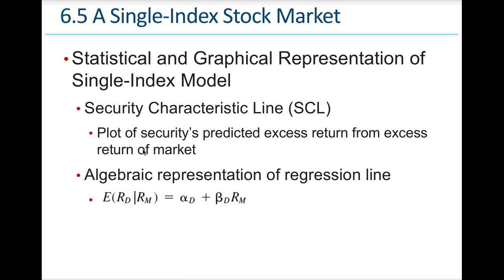these different characteristics. Okay, so what we call the security characteristic line is going to tell us, on average, if one particular stock rises, say, by 2% for every additional 1% return in the market.